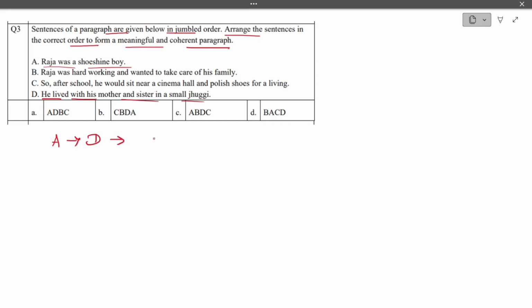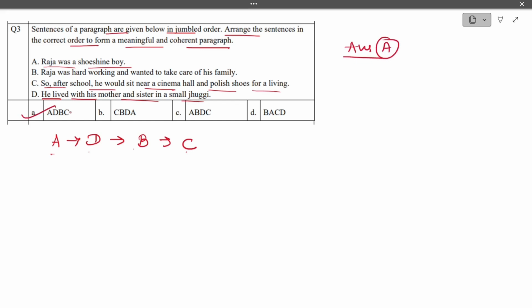Then the next sentence is B and then C. The last sentence is, so after school he would sit near a cinema hall and polish the shoes for a living. So the correct sequence is A, D, B and C. The correct answer is option number A. Basically you have to make the arrangement in such a way that the paragraph is meaningful when we read it.